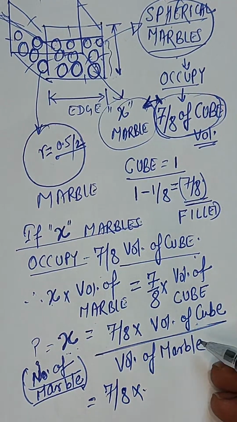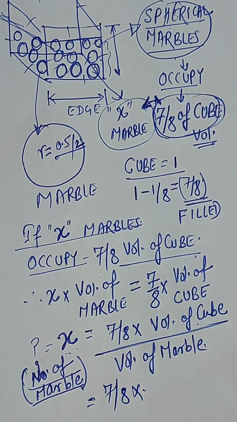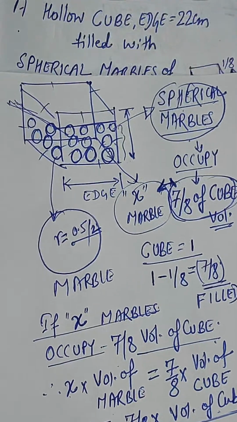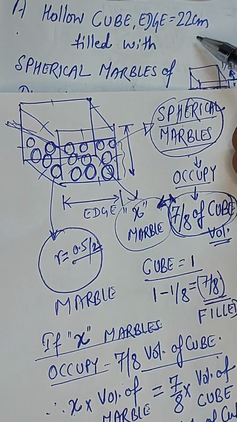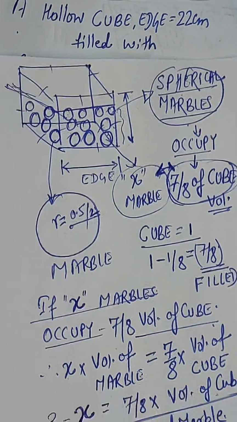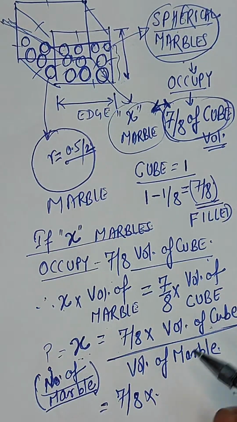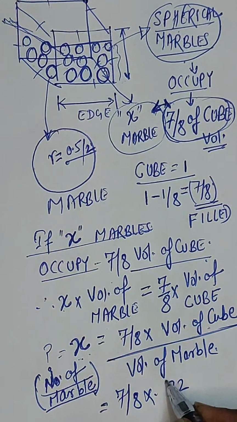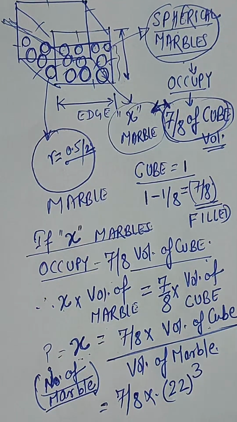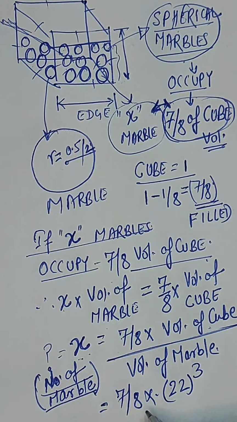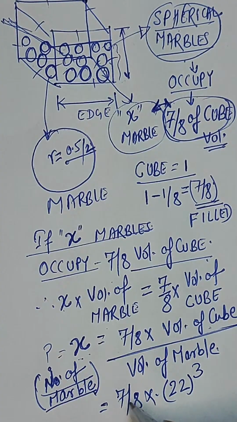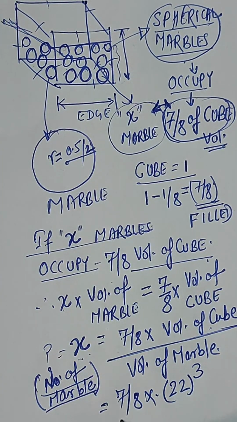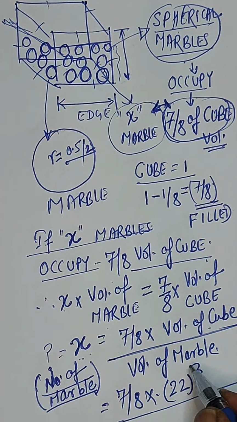Now you can see 7 by 8 times the volume of the cube. What is the volume of the cube? It's given that the edge of the cube is 22 cm, right? So the volume of the cube is equal to edge cube, that means 22 cube. And 7 by 8 of this volume is 7 by 8 into this much, divided by the volume of the marble.